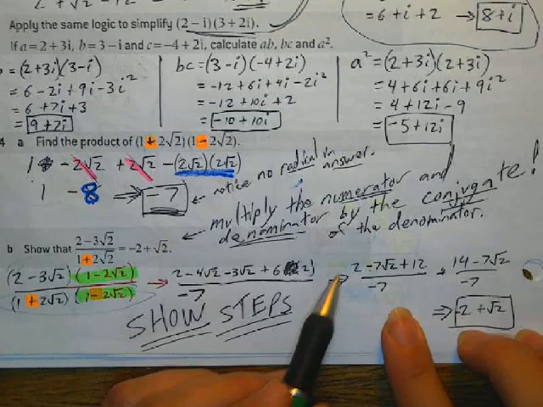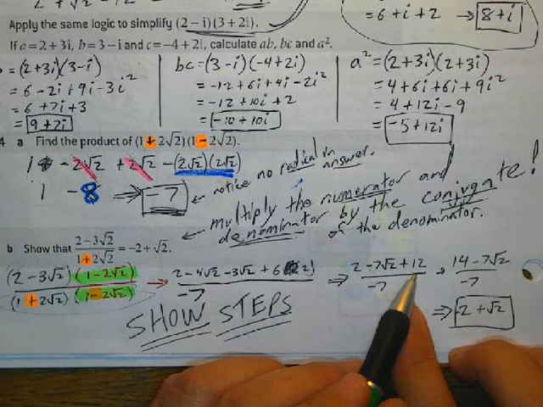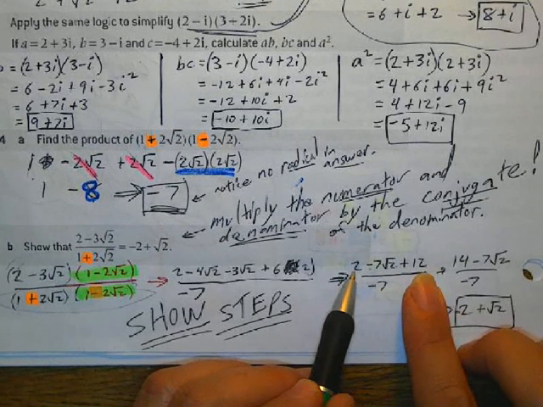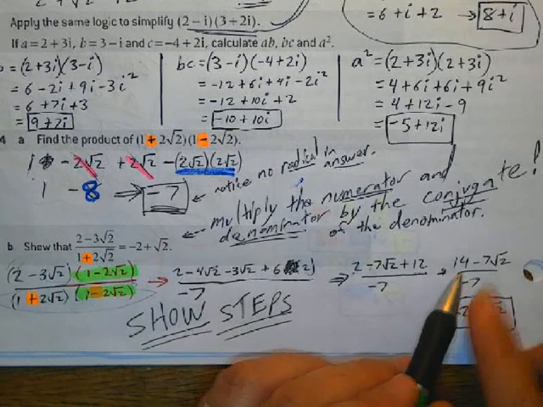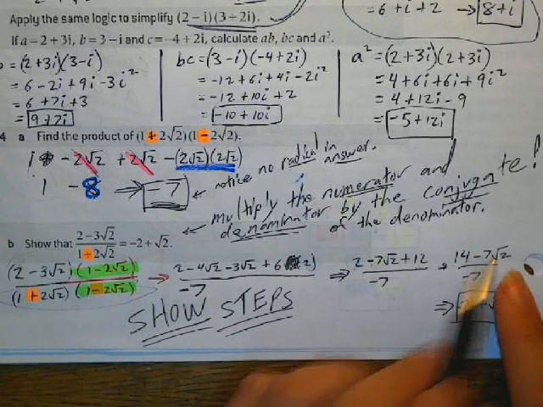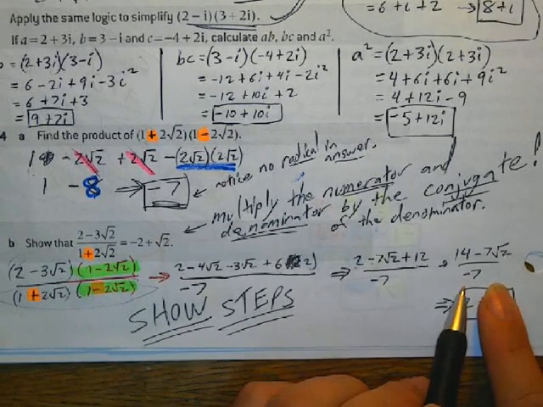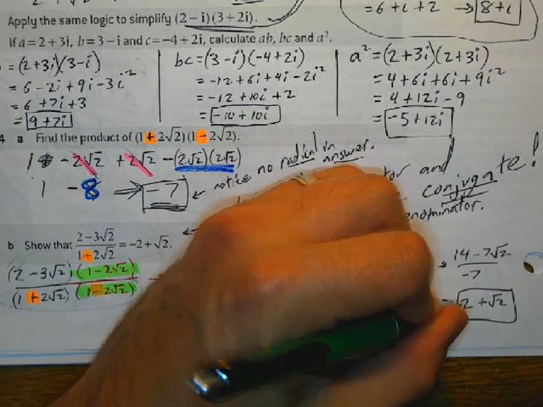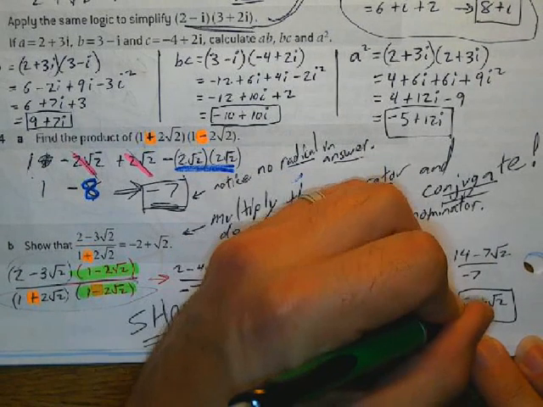So then 6 times 2 is going to give me 12. We simplify a little further. And I've got 2 and 2 and 12. That's going to give me 14. So I end up with 14 minus 7 radical 2 over negative 7. Okay, so I end up with negative 2 plus radical 2.